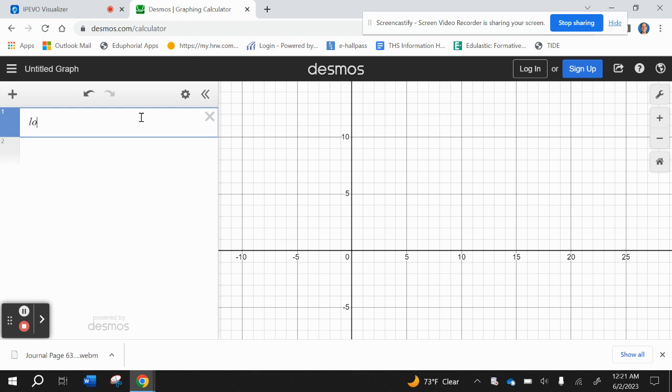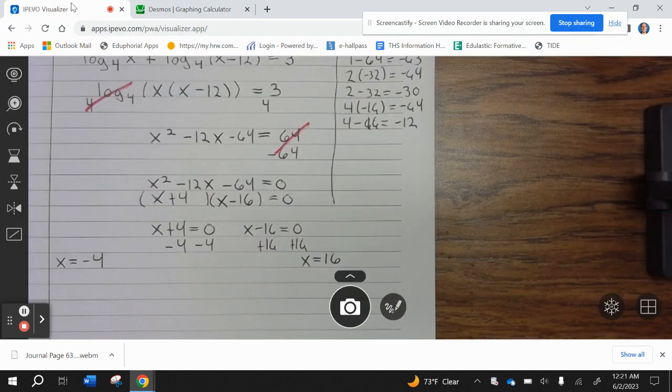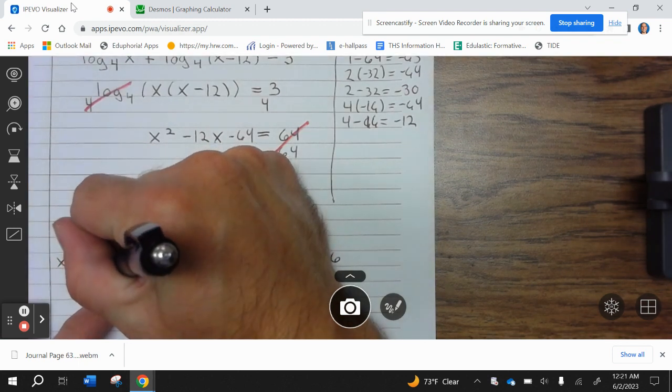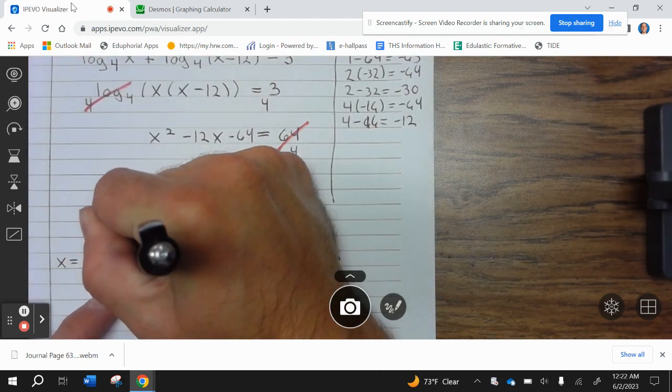So we do log of negative 4. Automatically we get undefined. We know that because of that, this is an extraneous solution.